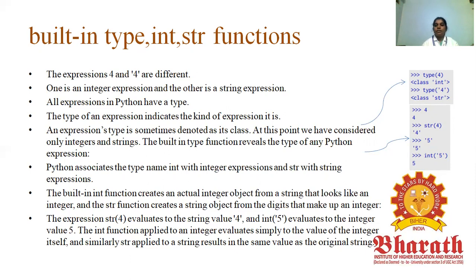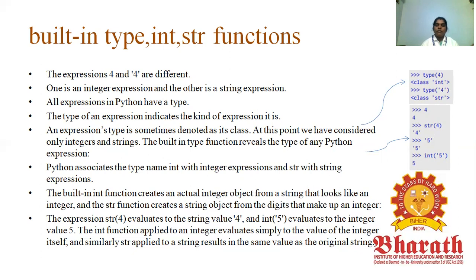Then see the next example, type of 4 within single quotes. It displays string. See the class name of the string data type is str. In the next example, simply 4, it will display 4 only. Now str is a built-in function.